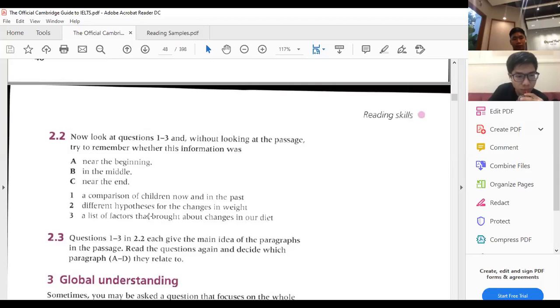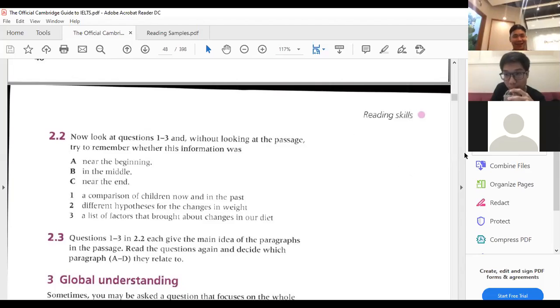So where can you find a comparison of children now and in the past? Is it near the beginning, in the middle, or near the end from earlier? In the middle, okay.